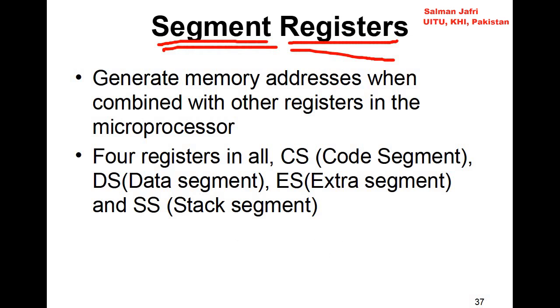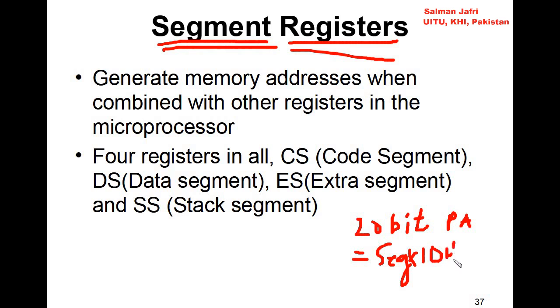So we can have a 20-bit physical address, and that would be formed by using the segment address, multiplied by 10h, and then we add the offset address to it.